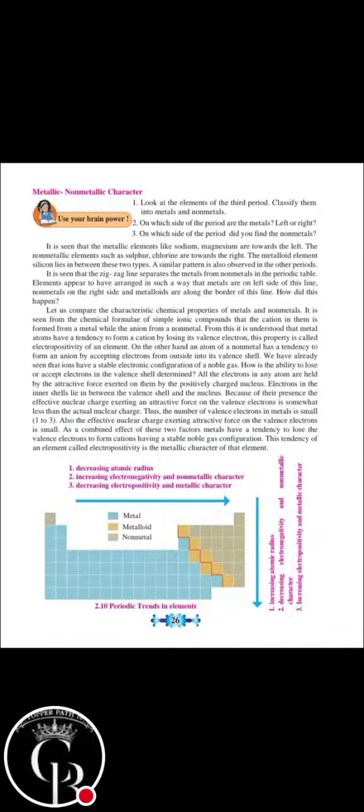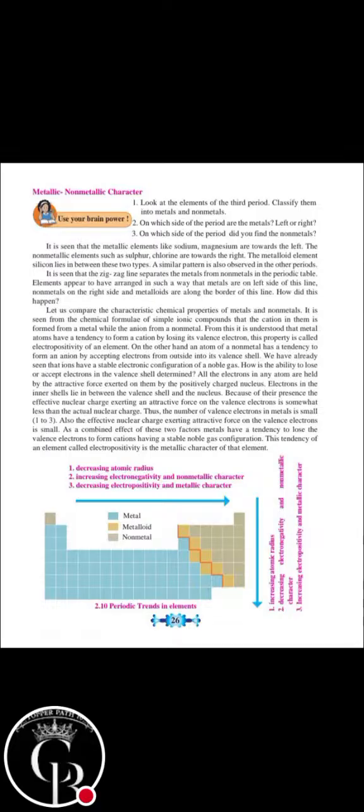The periodic trend of metallic character of elements is clearly understood from their position in the modern periodic table. In a group, while going down, a new shell gets added, resulting in an increase in the distance between the nucleus and the valency electrons.